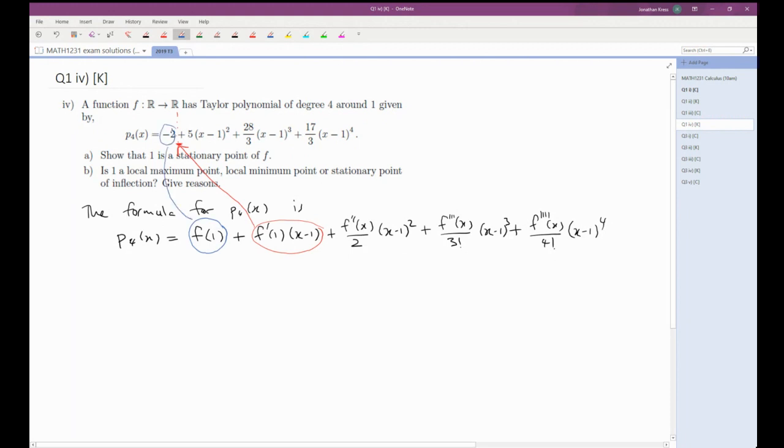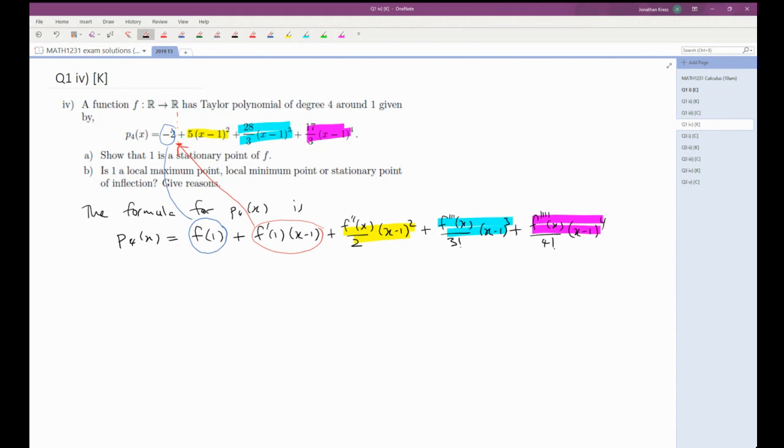F dashed of 1 is missing. So this is the quadratic part, and so on. I think you get the idea.